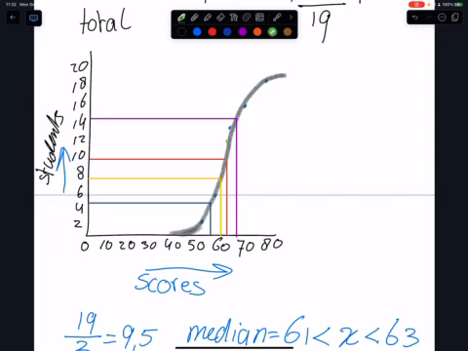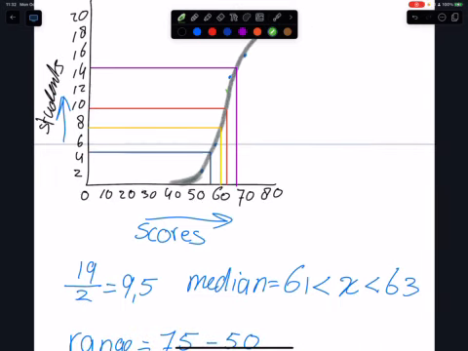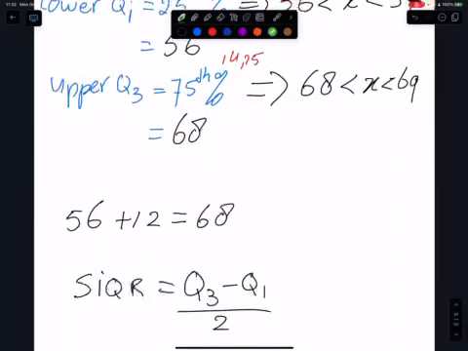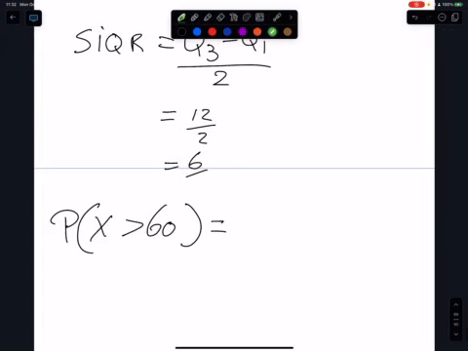It's more than 7. So say 8, because we're talking about people. We're not going to say 7.5 people, 8. So the probability of scoring 60 or more in the students is 8 over 19. That is your final answer. Easy peasy.